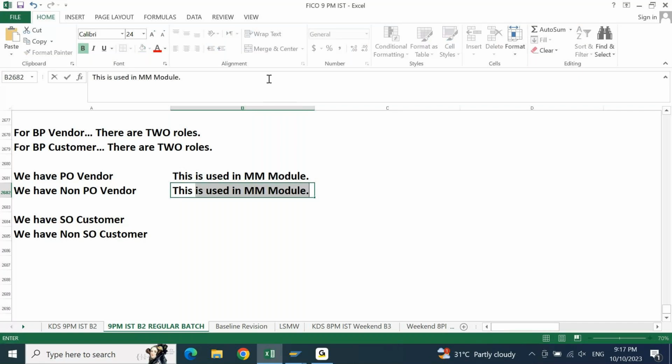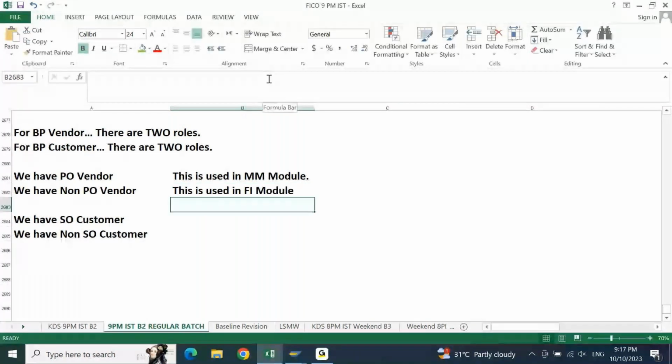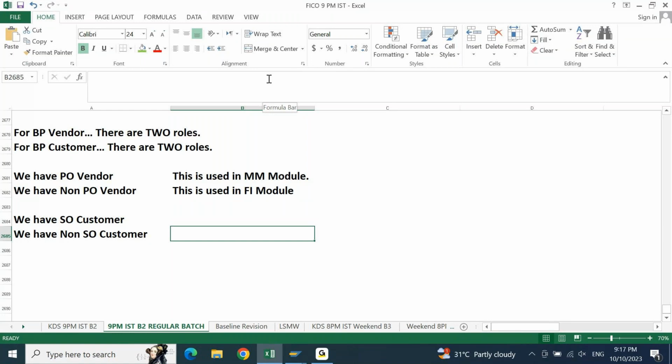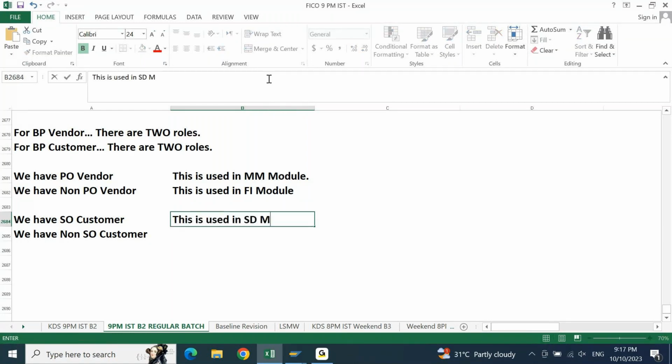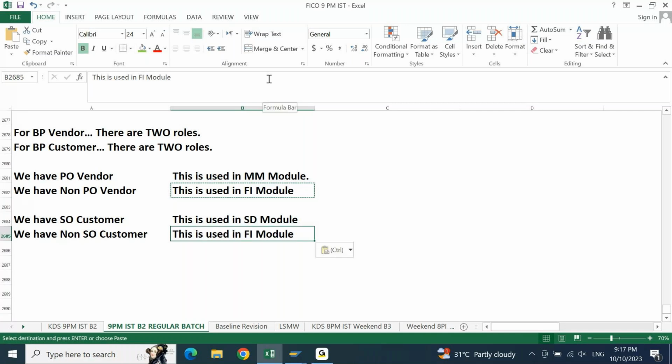PO vendor is used in the MM module. Non-PO vendor is used in the FI module. Similarly, SO customer is used in the SD module. Non-SO customer, non-sales order customer, is used in the FI module.